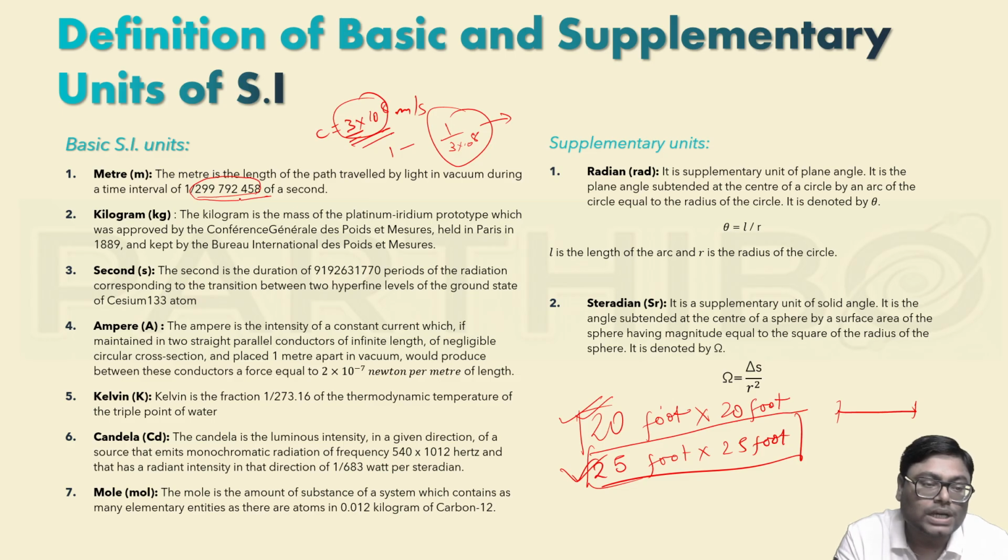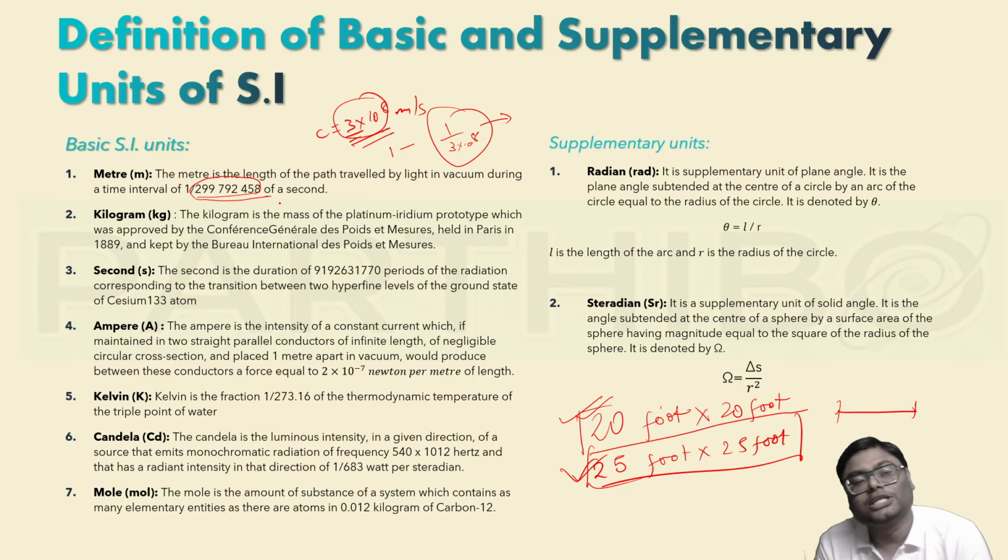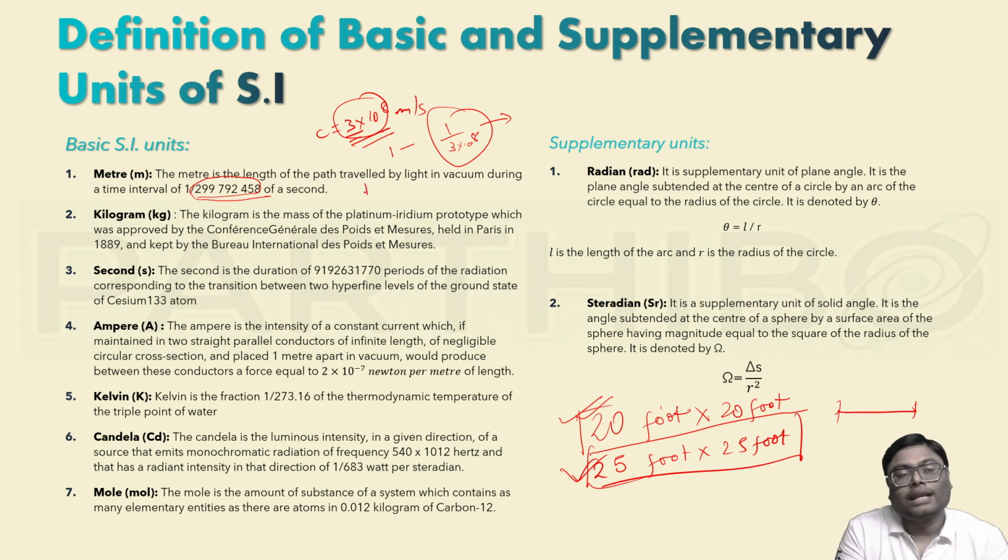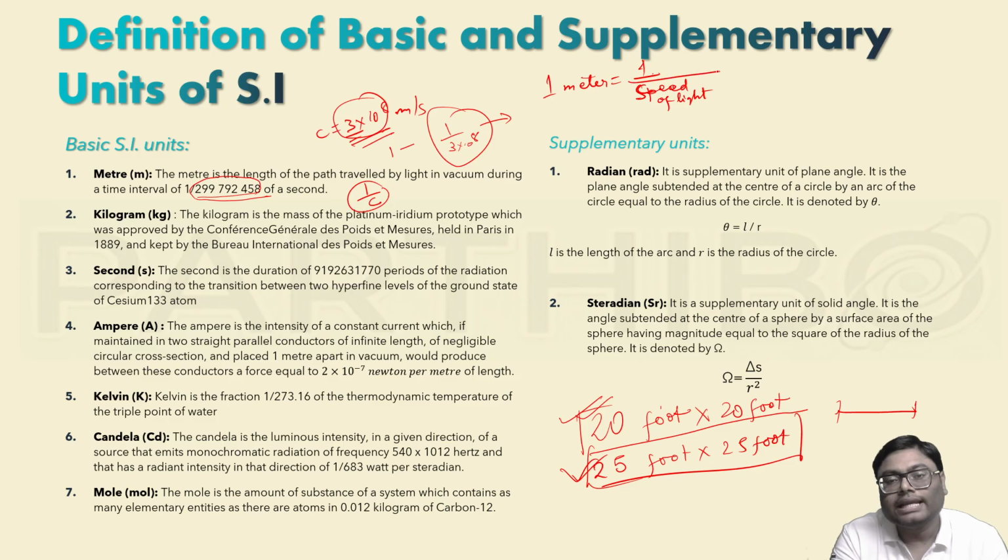So that's what is taken here: 1 meter equals 1 by c, that is, 1 by the speed of light seconds. In this much time, the distance that light covers is taken as 1 meter.